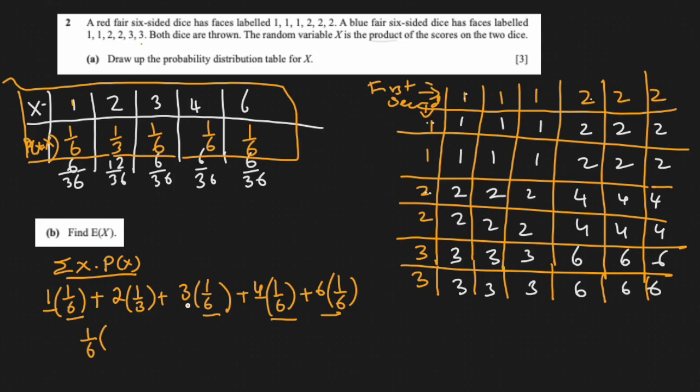So 1 plus 3 plus 4 plus 6 is 14, plus 2/3, the only one which has a probability of 1/3. So 14 over 6 plus 4 over 6, 18 over 6, or 3. 3 is the expected score of this particular data. So done both parts.